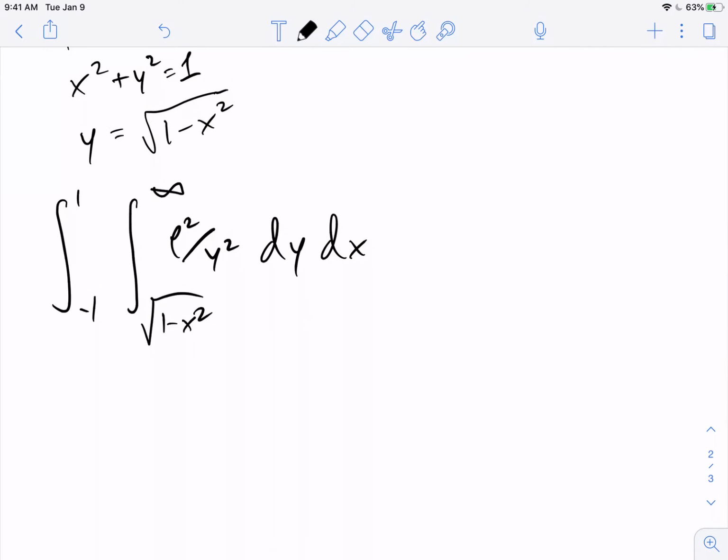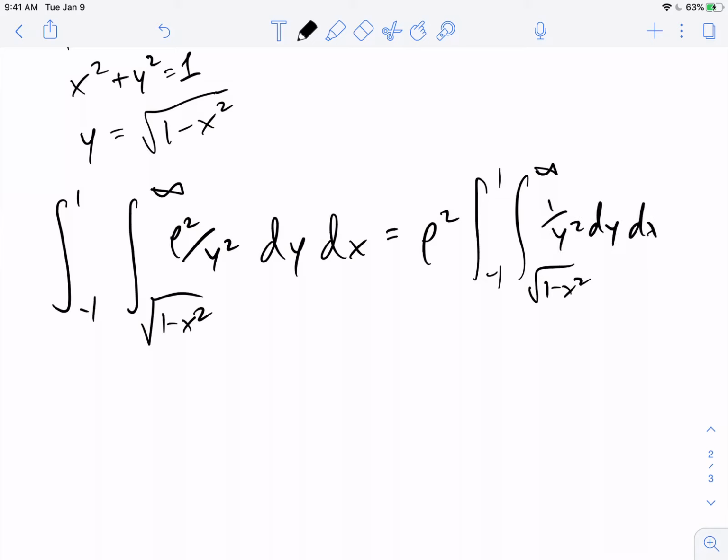How can we calculate it? Well, the rho is a constant. It's just the radius of the hyperbolic space, so I can pull that out. And so now I integrate first with respect to y. So the antiderivative of 1 over y squared is negative 1 over y, right?